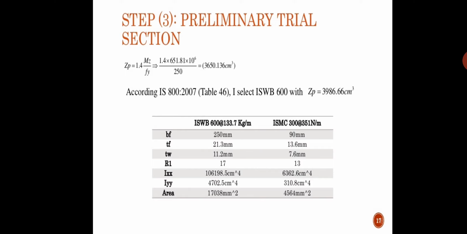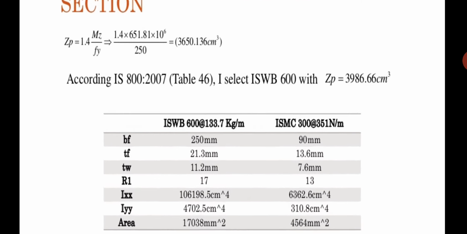So according to IS 800 2007 table number 4.6, we select ISMB 600 with ZP 3986.66 centimeter cube. So our required ZP is 3650, we should provide 3986.